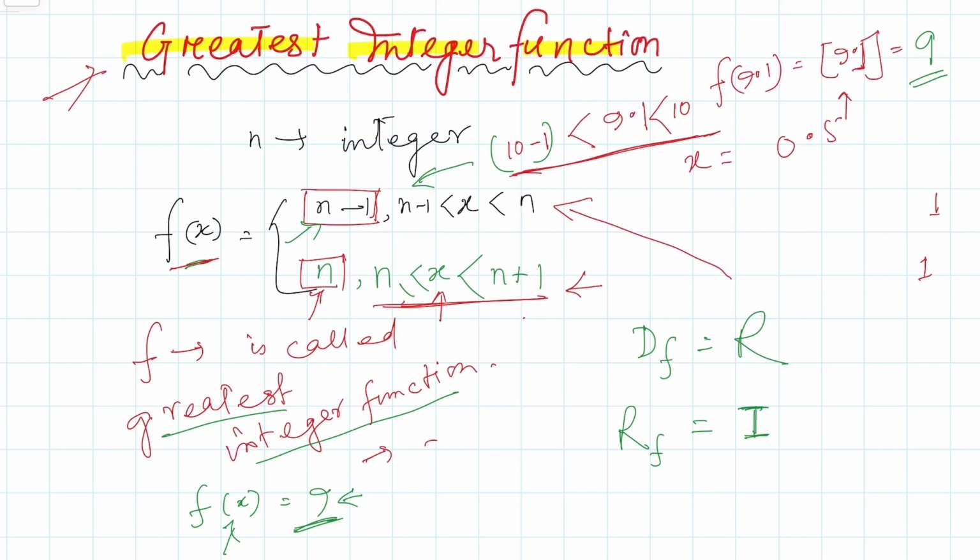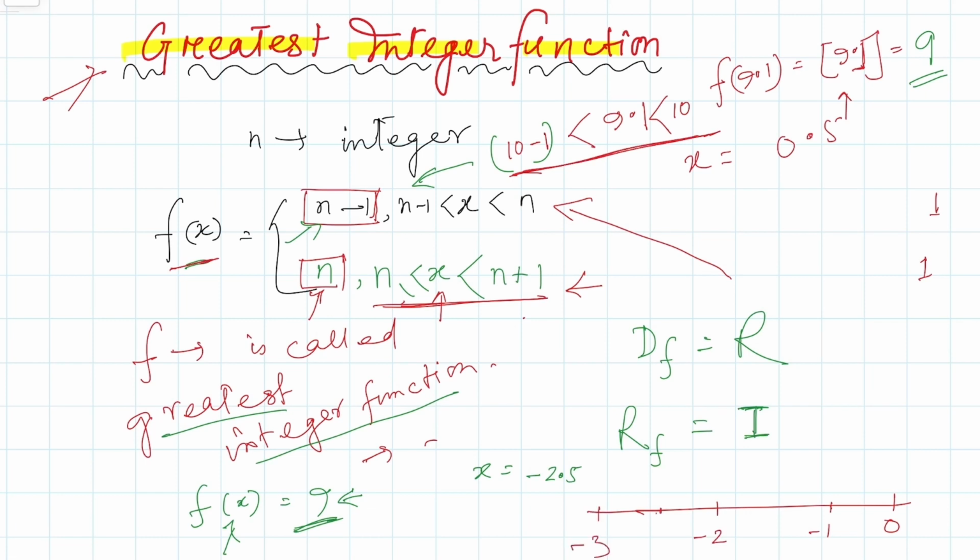Suppose we have a negative value of x, say x is equal to minus 2.5. If you observe the number line, let me draw it again. This is 0, this is minus 1, this is minus 2, and this is minus 3.